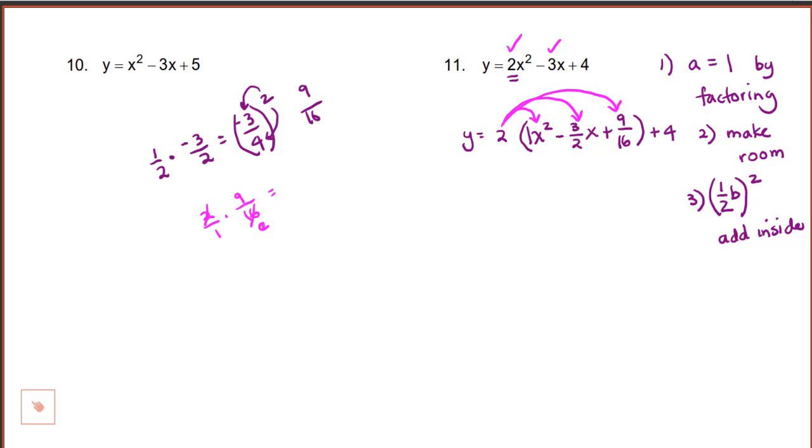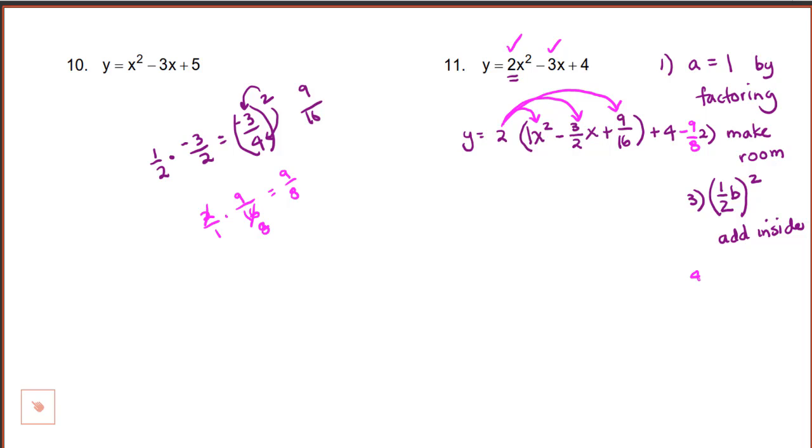Oops. Is it 9 over 8? So I really added 9 over 8. Mr. Mori giveth and Mr. Mori taketh away. So if I'm going to add 9 over 8, brand new, I better subtract 9 over 8.